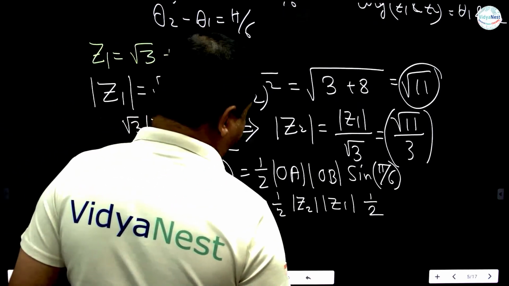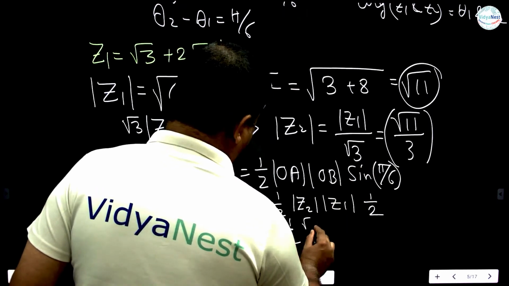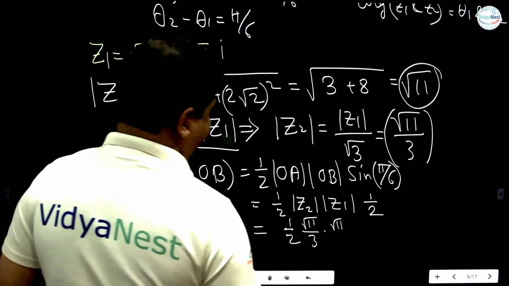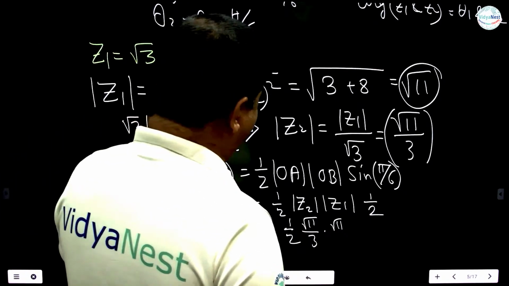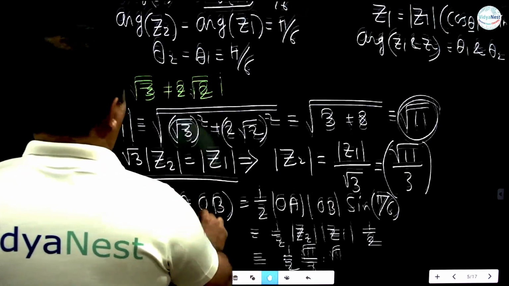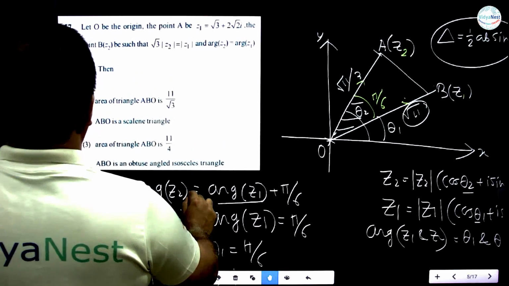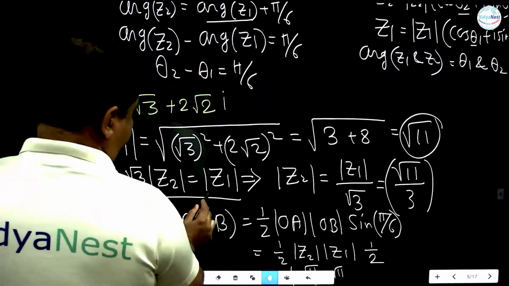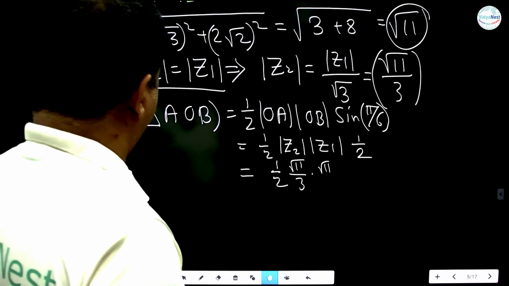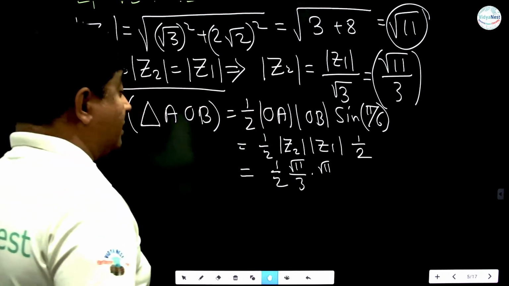Hello, mod Z2 is √11/3. It is only √11. √11/3 and only √11. See again. π/6. Got it? Yes, sir. Got it. So, what result is waiting for us?